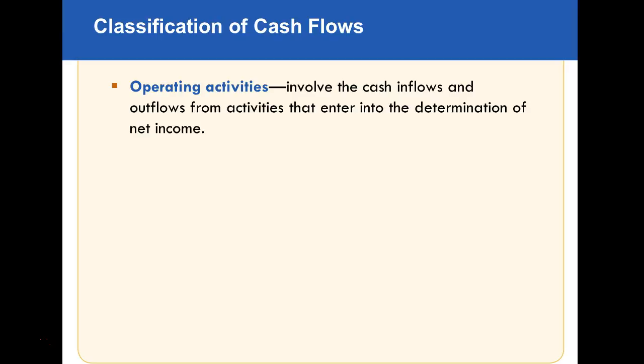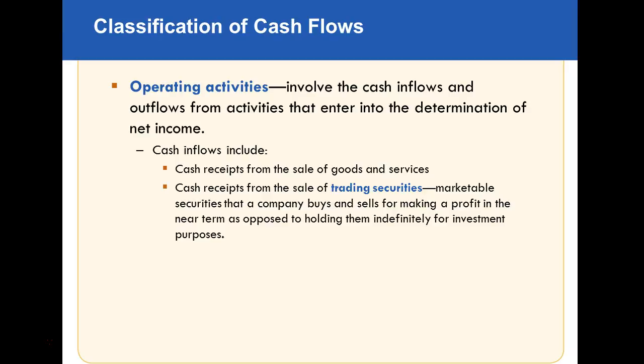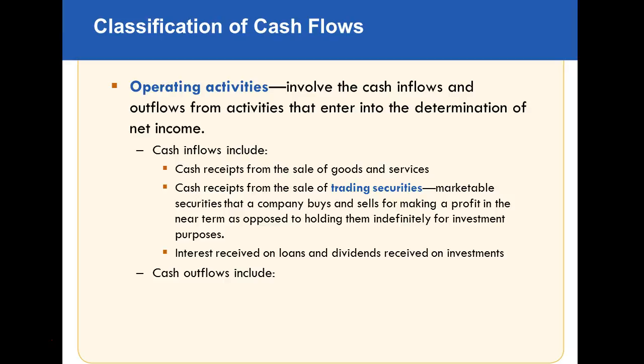So sales and cost of goods sold, or maybe inventory that's still on hand, and all the bills that are being paid. Cash inflows include cash receipts from the sale of goods, cash receipts from the sale of trading securities, the marketable securities that companies may buy and then sell to make profit with that money on hand, interest received on loans and dividends received on investments. So those are all monies coming in.